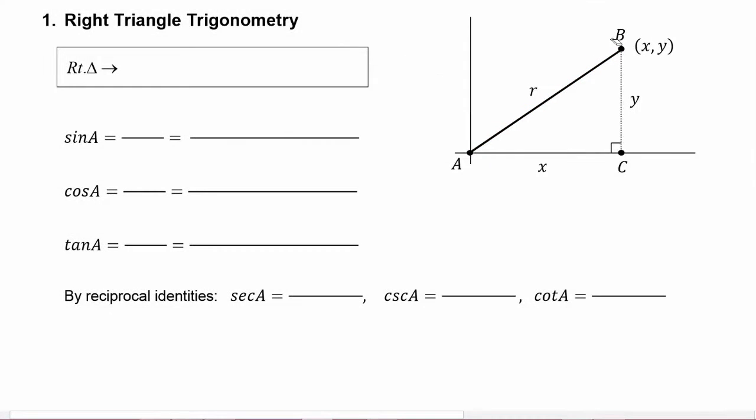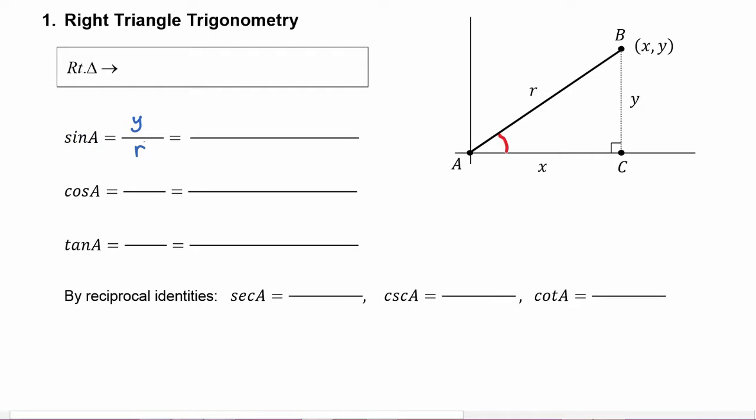Now, if we use our trig definitions on angle A, because we have angle A in standard position, we can use the trig definitions. Then the sine of angle A is going to be the y value divided by r.